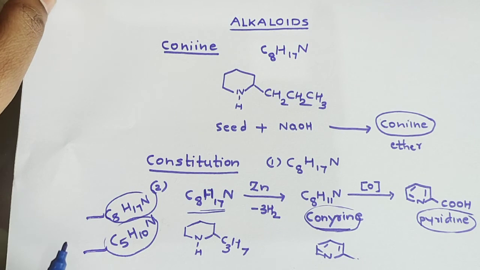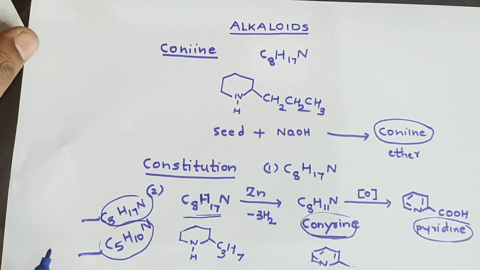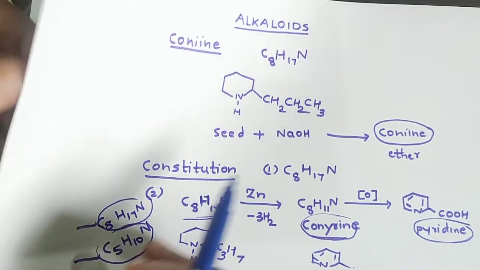Right. Now, next one. Now the question is how this side chain is arranged. I mean, whether it is normal or whether it is branched. That is what they have to find out.